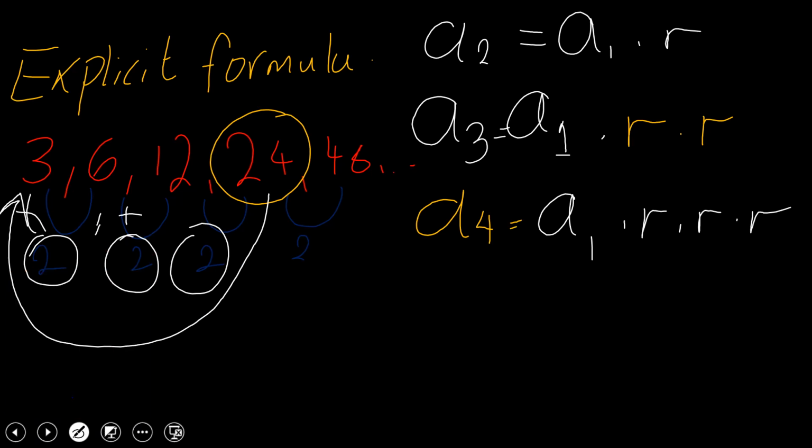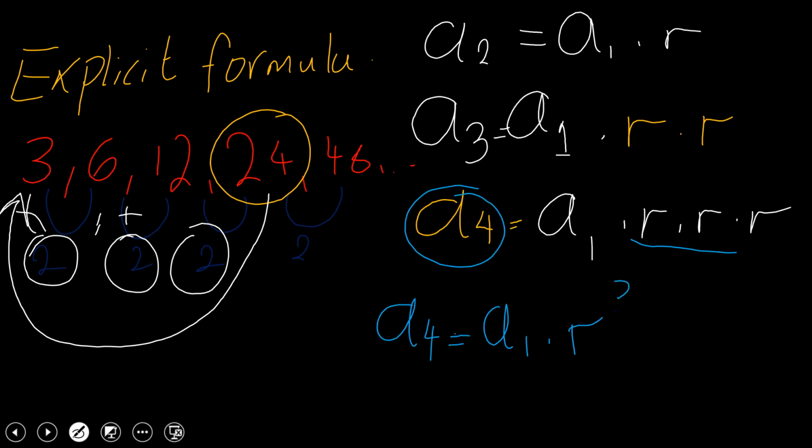Let's see. Let's talk about a sub 4 as an example. It is a sub 1 times r raised to the power 3. And a sub 3 is a1 times r raised to 2. So what does it mean?